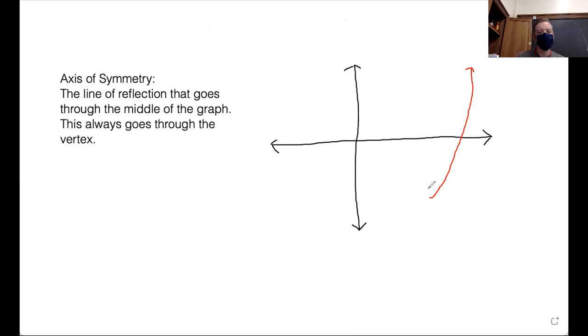So we got a parabola here. We know that our vertex is going to be down here at the bottom.